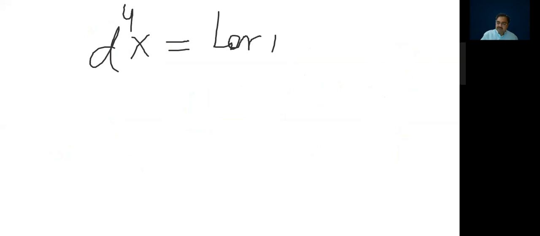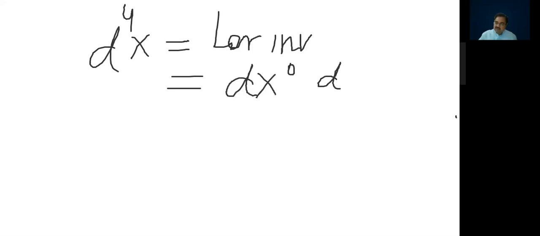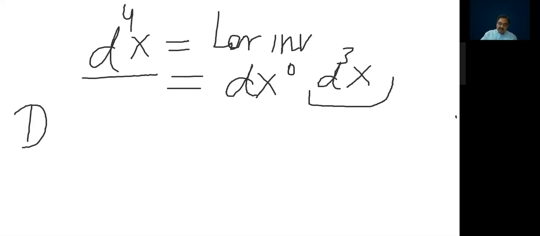That is, this is a scalar of rank 0, right? And just now we saw that when you write it in the form of dx naught and d3x, then you can identify the second part, d3x, as the time component of some vector. Let's see how. You see, d4x is a scalar quantity.